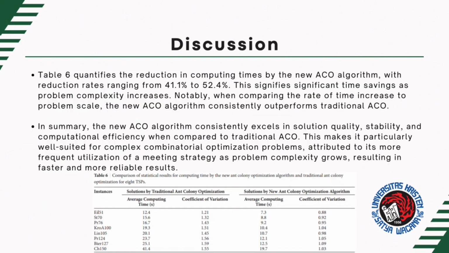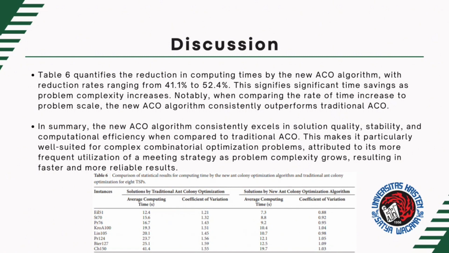The table quantifies the reduction in computing time by the new ACO algorithm, with reduction rates ranging from 41.1% to 52.4%. This signifies significant time savings as problem complexity increases, notably when comparing the rate of time increase to problem scale. The new ACO algorithm consistently outperforms traditional ACO.